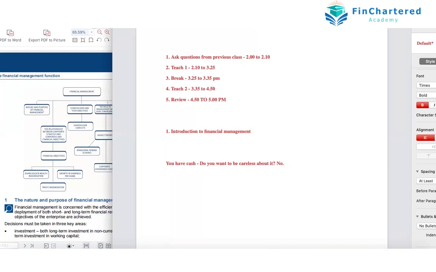In your life, you want to manage finances well. You want to make sure that you use your money properly. You don't want to waste money. You want to invest money in the right investments. Okay, let me ask Jigyasa, do you want to invest your money in an absolutely wasted investment?